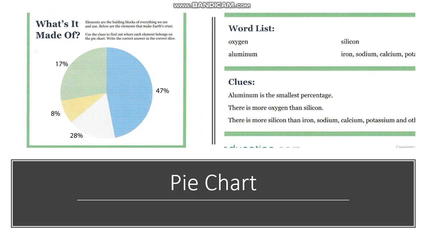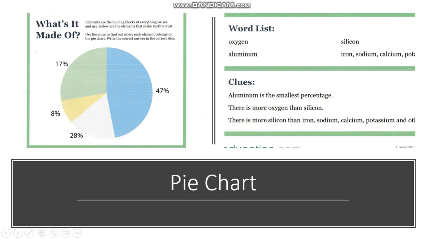Although we're not quite sure what we're looking at, we can use clues to help us figure out the information that we're reading. This pie chart says elements are the building blocks of everything we see and use. Below are the elements that make Earth's crust. Although the chart is not quite labeled, we can use clues to help us understand what we're reading.